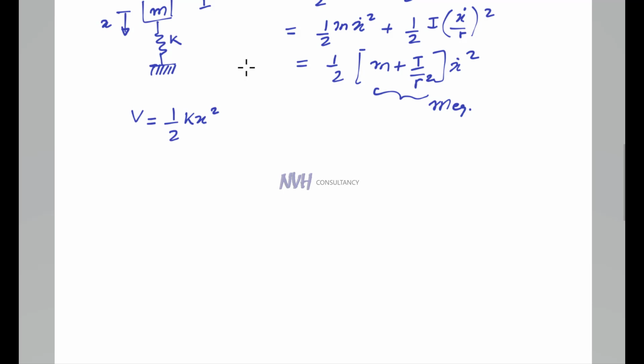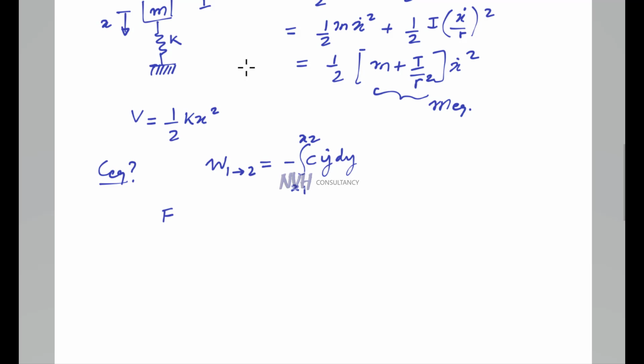Now we can also find the equivalent damping of this system. In order to find that, we have to first find the work done in the system. So work done from state 1 to 2 can be written as negative integral of c y dot dy, from state 1 to state 2. How have we come up with this equation? Very simple.